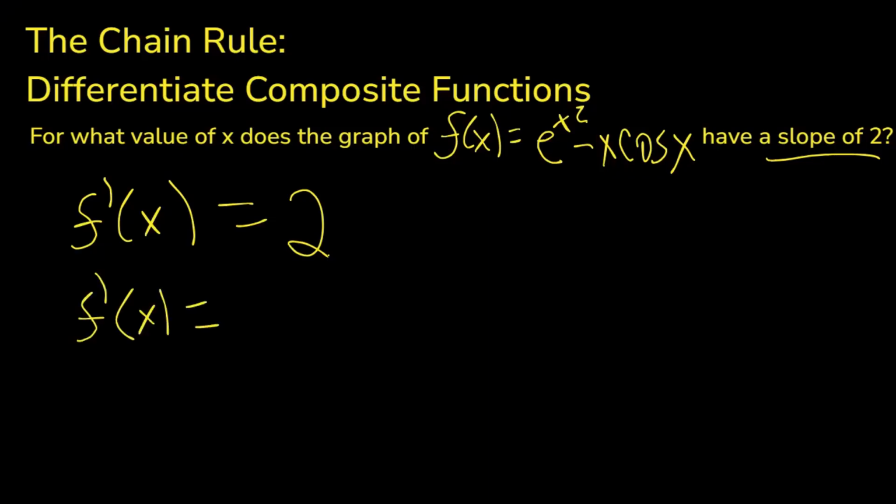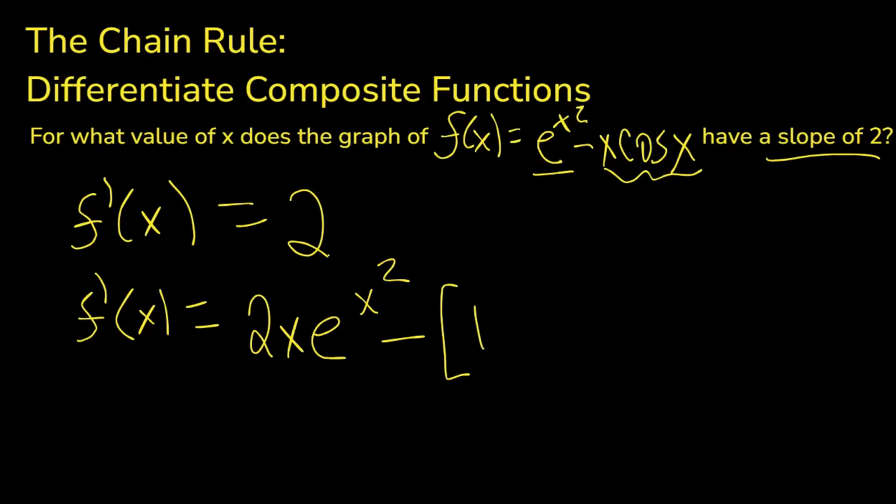F prime, the e to the x squared is e to the u, so u prime, e to the u, minus, now the x cosine x is a product rule. So derivative of the first, I'm going to put this whole product rule in brackets because I'm subtracting the product. So derivative of the first times the second plus the first times the derivative of the second.